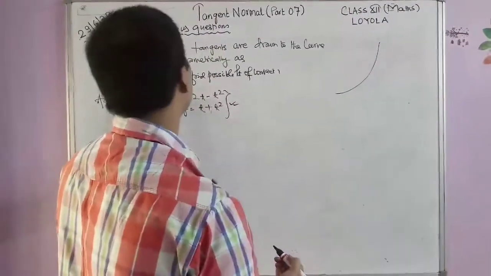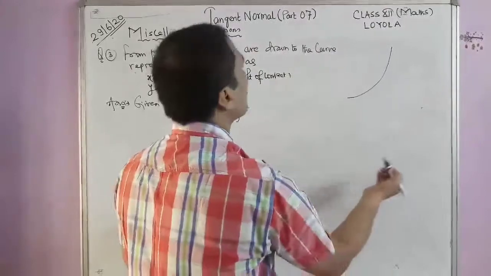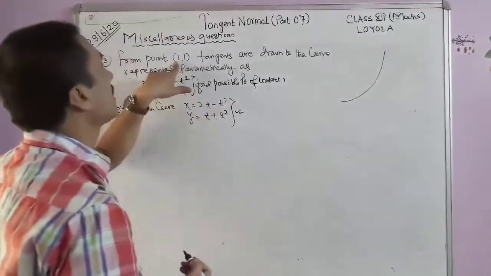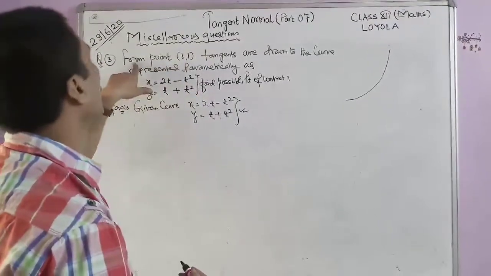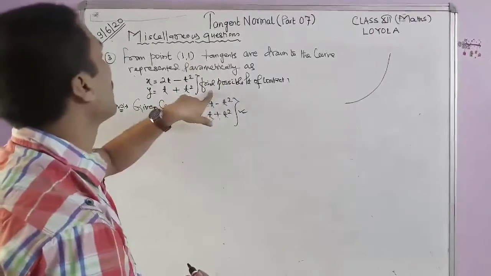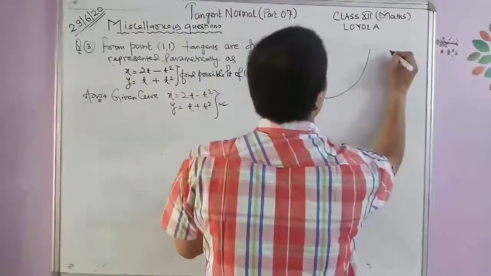Together these represent this curve, and (1, 1) is an external point. So from the external point (1, 1), tangents are drawn. Find the possible points of contact.